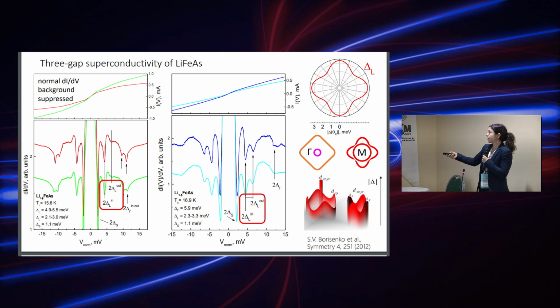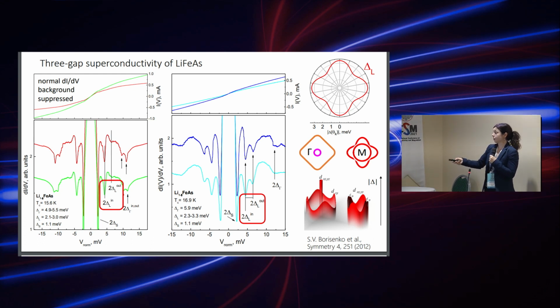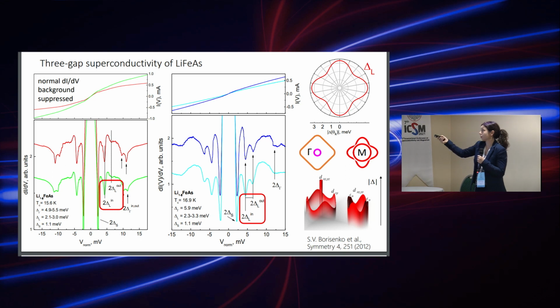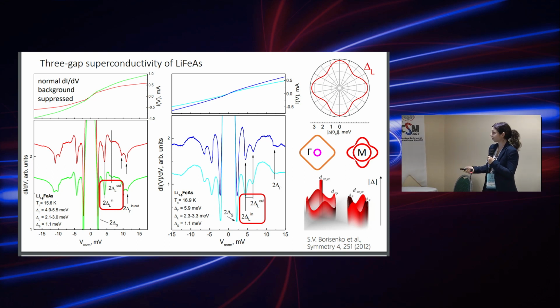Again, comparing with the ARPES data, we can attribute it to the electron sheets and sketch the polar distribution of this superconducting order parameter. Note that our technique is able to directly determine the energy values of Δ_in and Δ_out, but the exact gap distribution is just supposed. We supposed a fourfold distribution, so this is just a sketch.